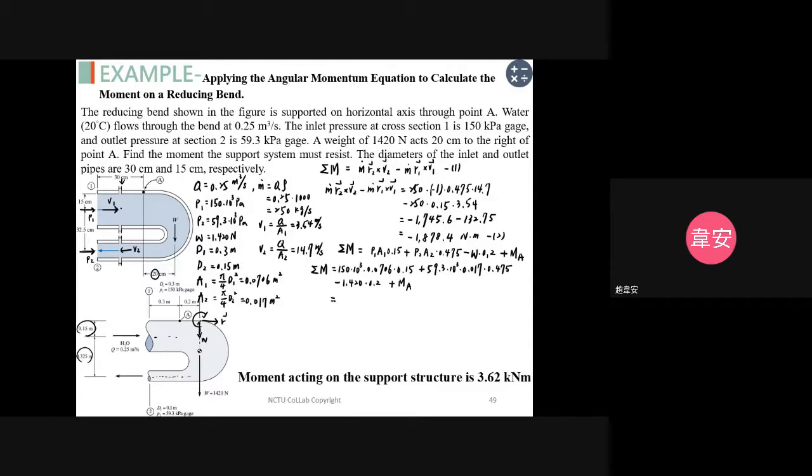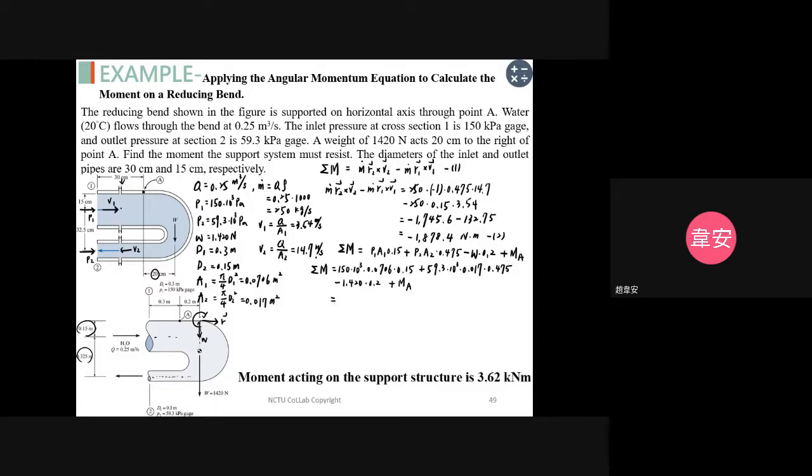So we use the calculator to compute each number. So 150 multiplied by 1000, this is in kilopascals, multiplied by the cross-section area 0.0706 and then multiplied by the force arm 0.15.